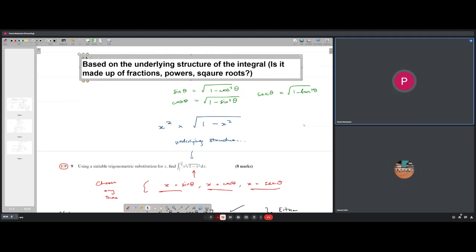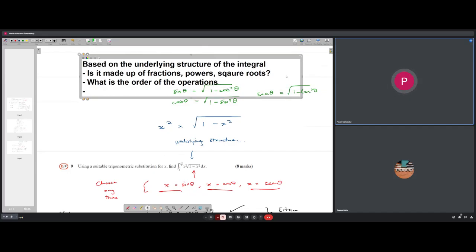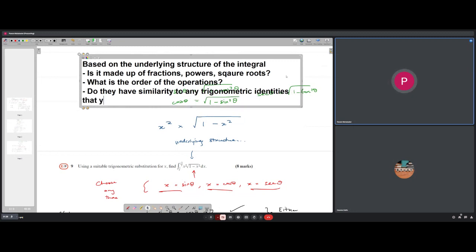One second, let me make this a list. So that's the first thing you think about. Is it made up of these? The other thing you have to ask yourself is, what is the order of the operations? And do they have a similarity to any trigonometric identities that you know of?